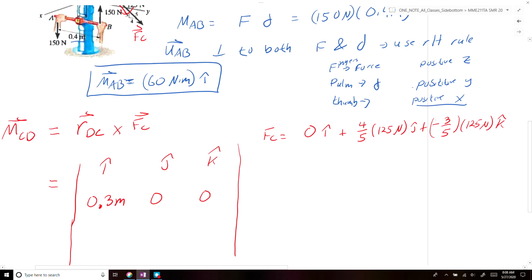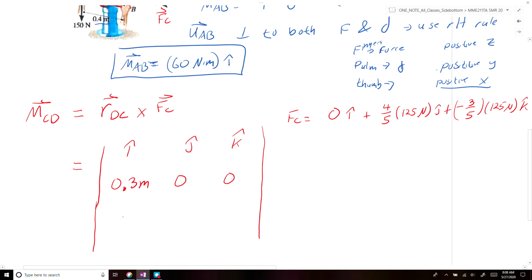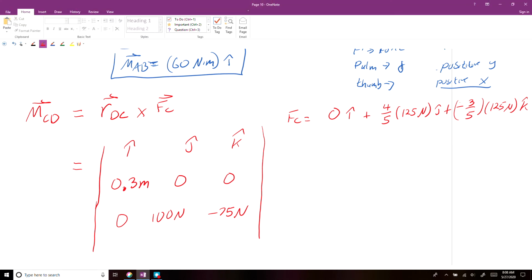If we multiply all those through, we end up getting 0, 100 newtons, and minus 75 newtons.